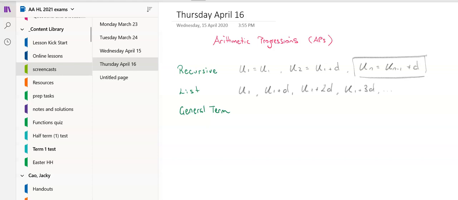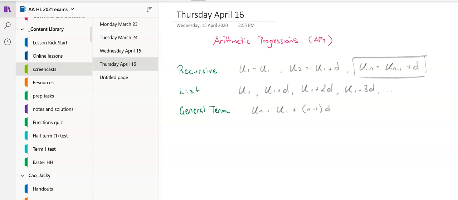The general term, our nth term, is going to be our first term. Looking at this, that's the first term, this is the second term, this is the third term. We've always got the first term plus some multiple of D, and that multiple of D is always just one less than the term number we're looking at.